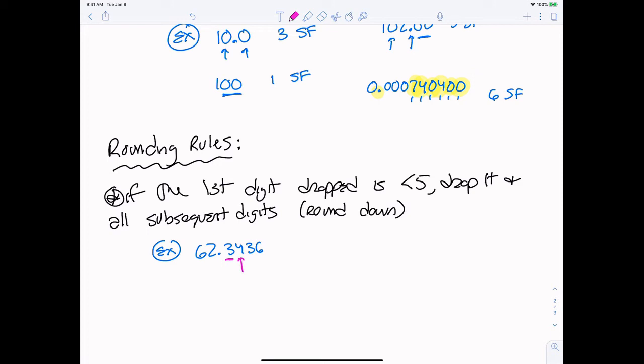So I'm saying to round to 3. I could have picked anything else, but I am just picking 3. So round to 3 sig figs. I need to keep the 6, the 2, the decimal point, and that 3. So the first digit I'm dropping is 4. Because that 4 is less than 5, we're literally just going to drop all of those digits. So this is going to become 62.3 when I round it.